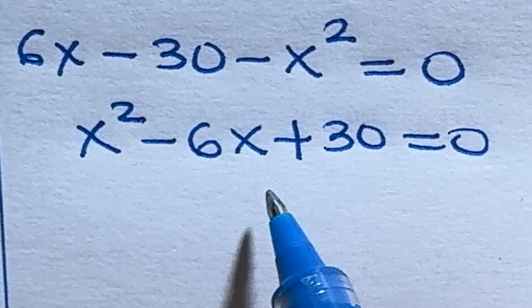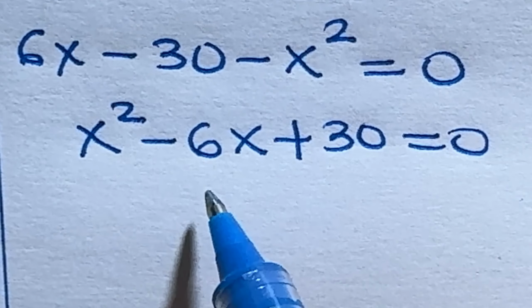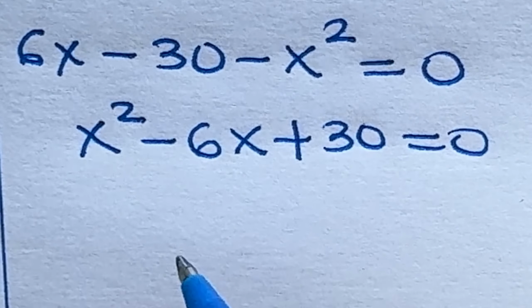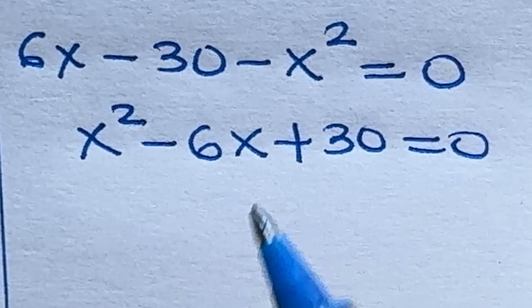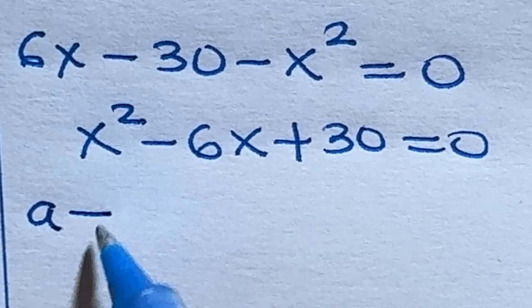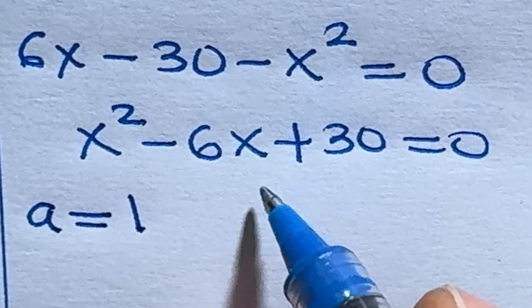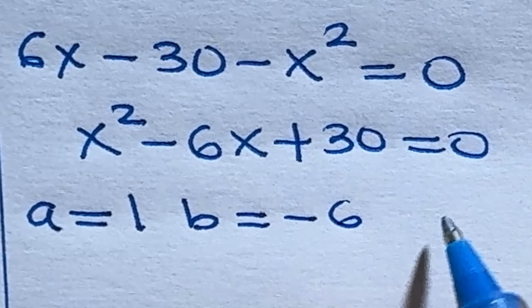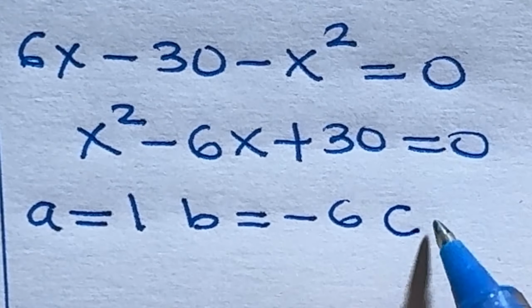We would have to use the general quadratic formula, and in this case we need to identify the coefficients of each term of the expressions on the left. So the coefficient of x squared, let's say is a, is going to be 1, and the coefficient of x is negative 6, and then the constant, c, is 30.